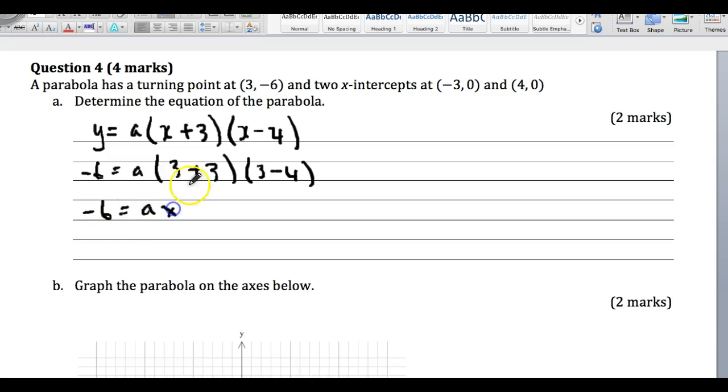So 3 plus 3 is 6 times negative 1, sorry, 6 times negative 12 is negative 72a, and that means a is equal to 1/12.